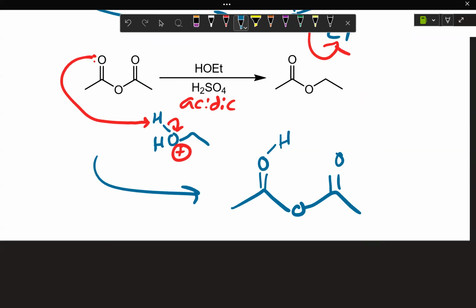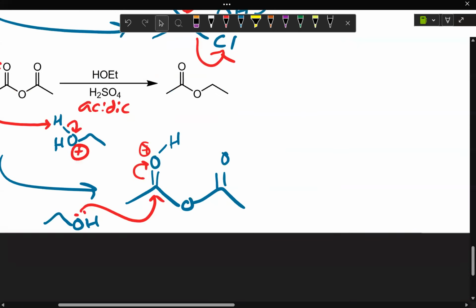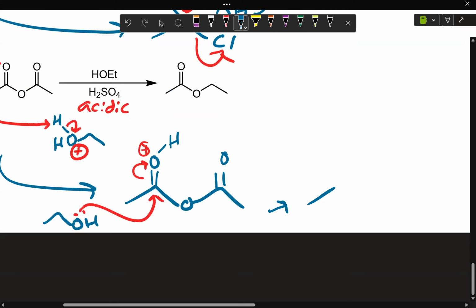And now we have just made this carbonyl a lot more electrophilic, which allows a weak nucleophile like ethanol to come in and attack the very electrophilic carbonyl. And let's draw the result of that.